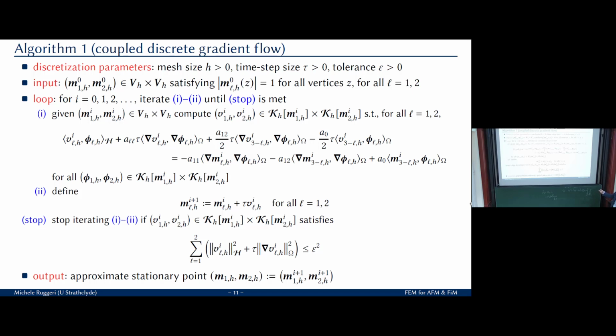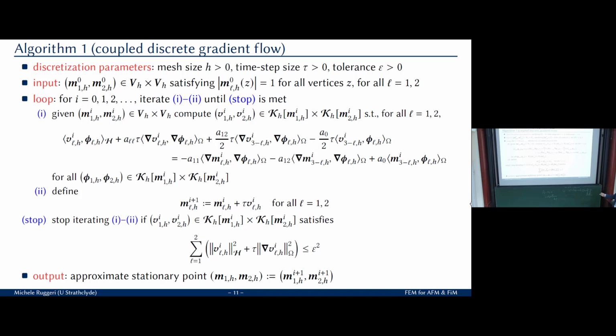So we iterate two steps until a stopping criterion is met. And the two steps are this one, okay? First of all, we compute an update V1 and V2 in the discrete tangent space, so each one is orthogonal, node-wise, to the one from which you start, the current state, such that this variational formulation posed in the discrete tangent space is satisfied.